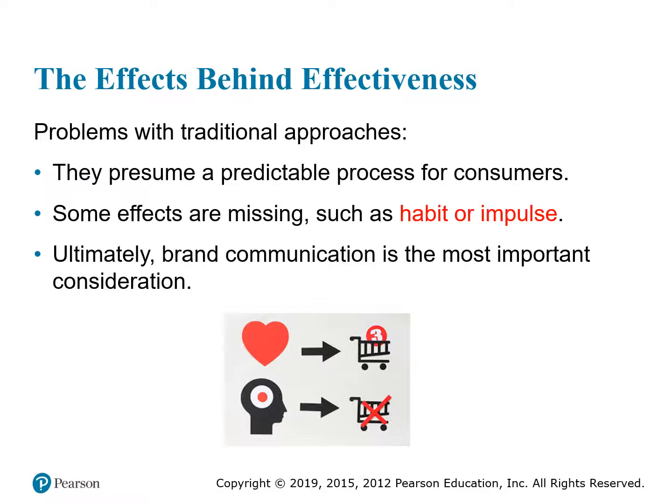A great example is my husband, if we go to a restaurant, he'll just get a Diet Coke. It's just like a habit. And I always say, why don't you just get a Coke or just get water? And he says, oh, it's just a habit. Or impulse, we're at the grocery store or at the checkout. Our impulse is to pick something up quick. We don't really think about it. Maybe a pack of gum, candy bar, whatever it might be.